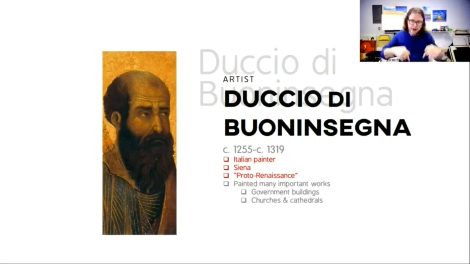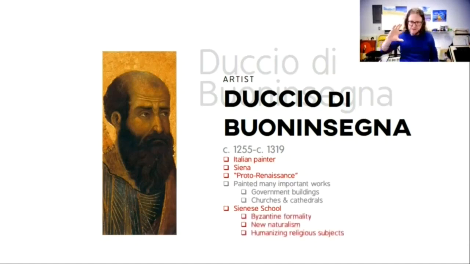He's credited with creating what is referred to as the Sienese school of art, which isn't literally a school. It just means, in this case, school is just another word for style. He develops the Sienese style, which took Byzantine formality, the stern formality of Byzantine art, and the new naturalism that's coming from Giotto, right?